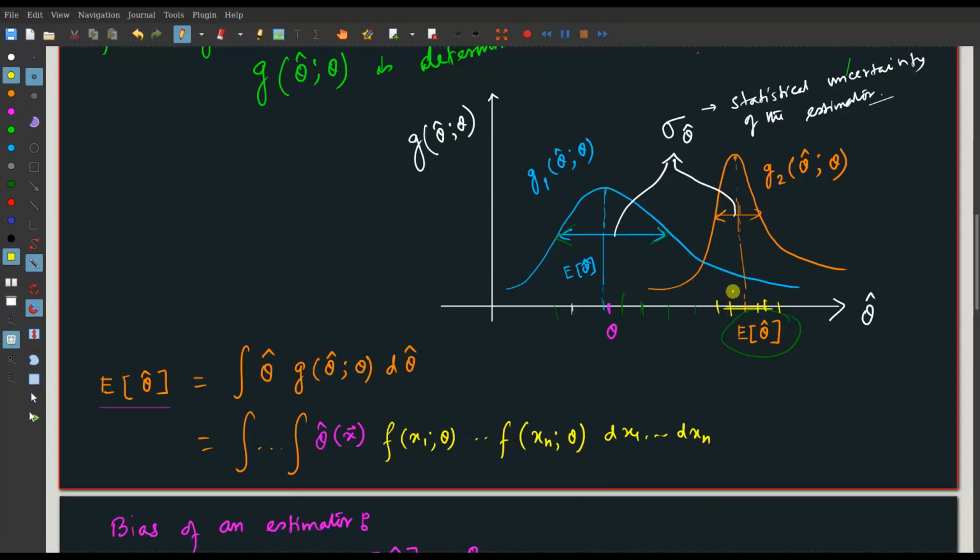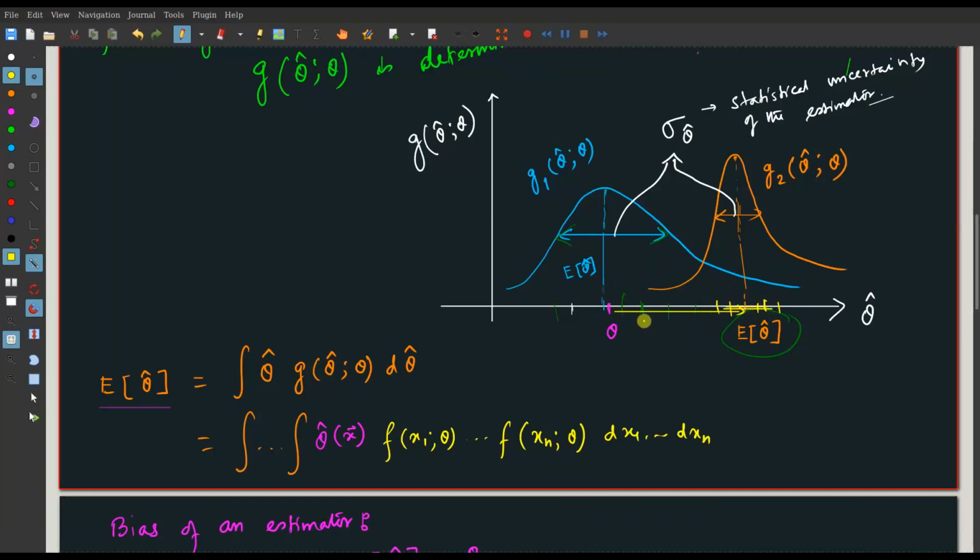So although it has a finite bias, I might find this estimator to be better suited to get my parameter theta, instead of the blue estimator, which might have a zero bias.